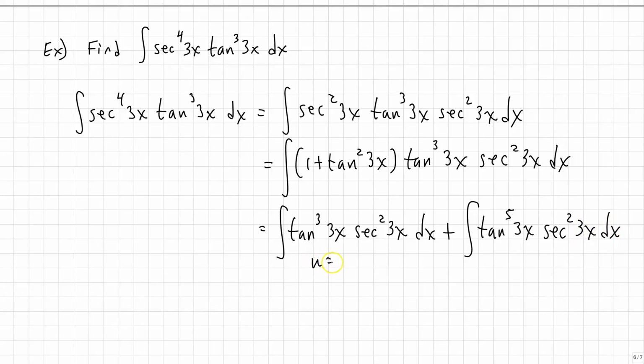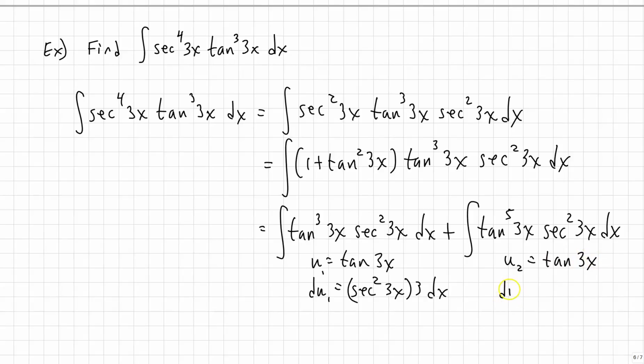And if we let u be tangent 3x, then du will be secant squared 3x times 3. And same thing over here: tangent 3x, so du is going to be 3 secant squared 3x.